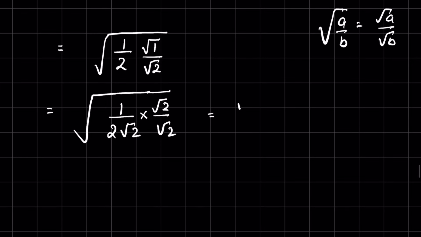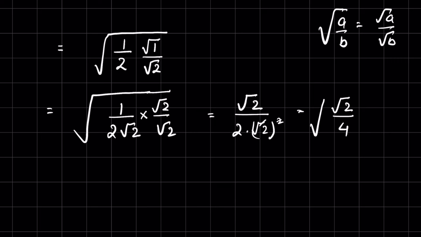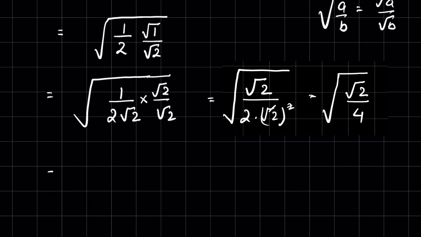So this will be the square root of 2 upon 2 times the square root of 2 squared, or the square root of 2 upon, removing the square root with the square, 2 times 2 is 4, under the square root. Now we can also write the 4 as the square root of 16, because the square root of 16 is 4.